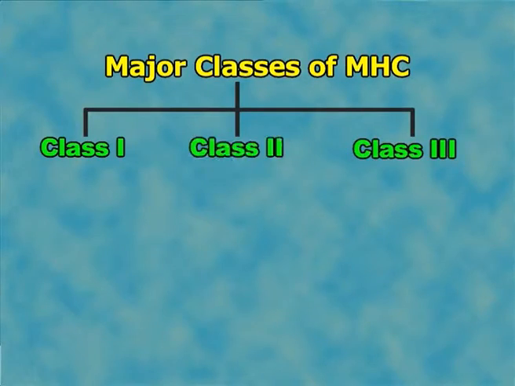MHC class 2. MHC class 2 can be expressed by all cell types, but normally occurs only on professional antigen presenting cells, that is APCs: macrophages, B cells and especially dendritic cells or DCs.